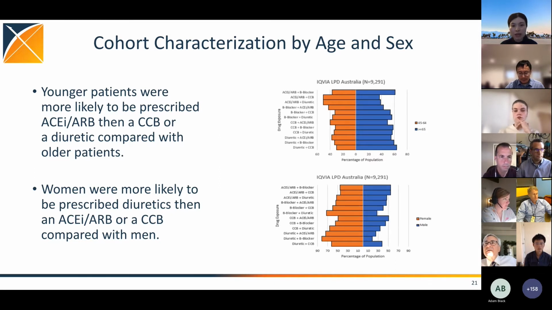So you can see that younger patients are more likely to be prescribed ACE and ARBs than a CCB or diuretic compared to older patients. And at the bottom, this graph shows the gender difference. We see that women are more likely to be prescribed a diuretic first, followed by an ACE and ARBs or calcium channel blocker, compared to men.